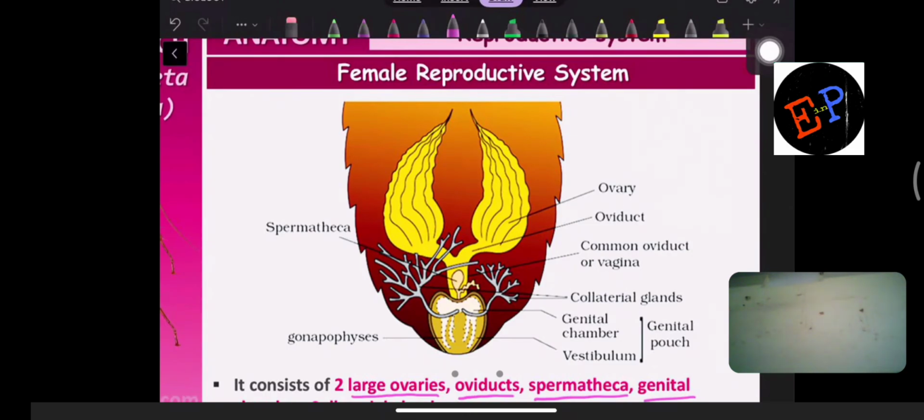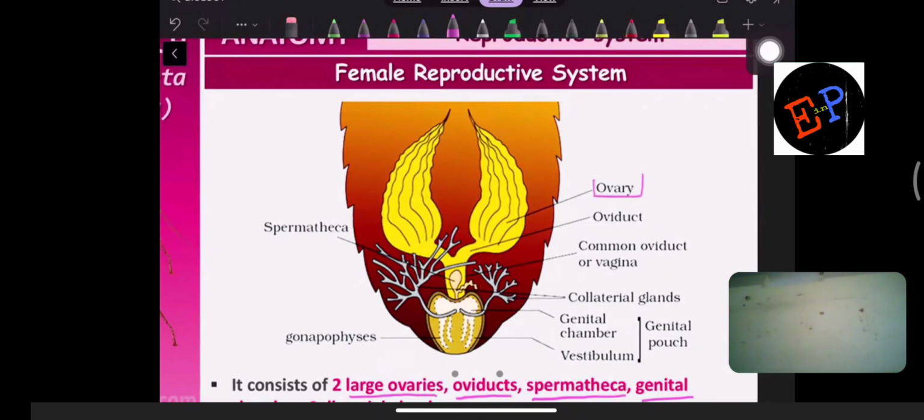Understood? So this is the shape of the ovary. Ovaries appear like this, some leaf-like structure. That is the shape of the ovaries. And the tube connecting the ovary is called the oviduct. Then this oviduct enters into the common oviduct. It means both the oviducts enter into a common tube, which is also called the vagina.